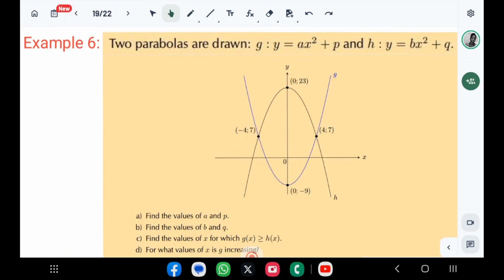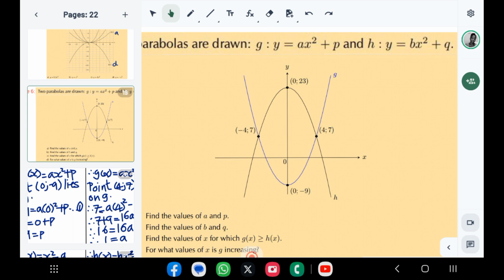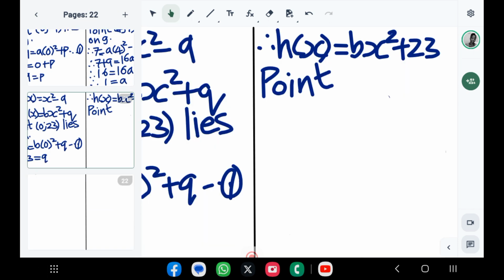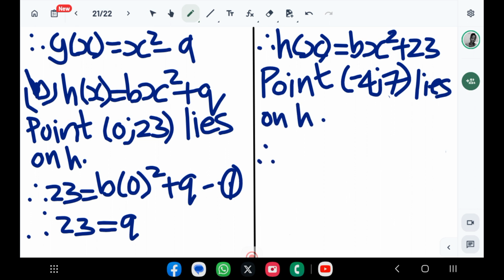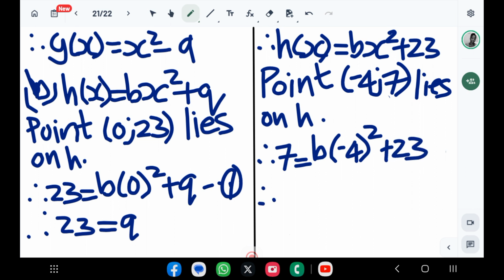Point (-4, 7) also lies on H. Therefore, 7 equals b times (-4) squared plus 23. Take the 23 to the left hand side: 7 minus 23 equals 16b.